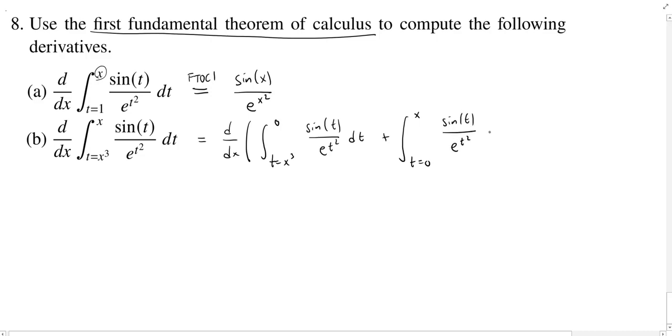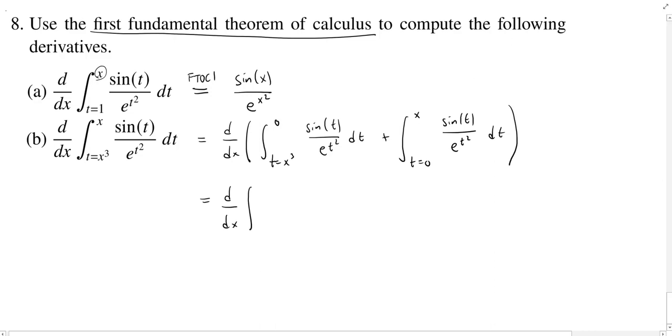So this utilizes a very reasonable property of accumulation, namely if you accumulate starting from one point to another point, you can break it up by choosing some point, say, in the middle, going from the first point to the middle, and then going from the middle to the end point. Now, another part of the fundamental theorem, of course, is that this constant is supposed to be on the bottom, like it was in part A. But that's easy enough to take care of.